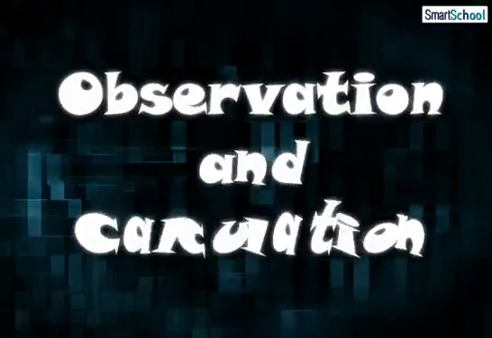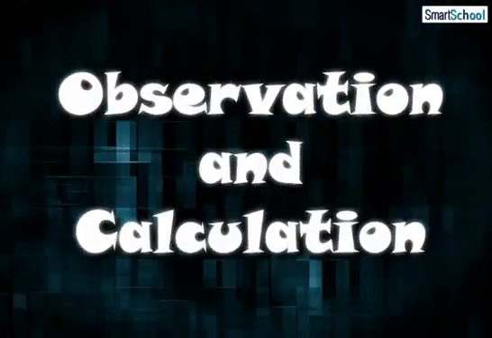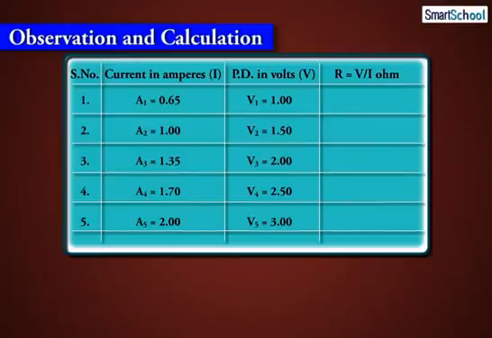Observation and calculations. Looking at the table, we can compute the values of resistance by using the values of potential difference and current by the formula V upon I is equal to R. In the first case, the value of resistance is coming out to be 1.53 ohms.